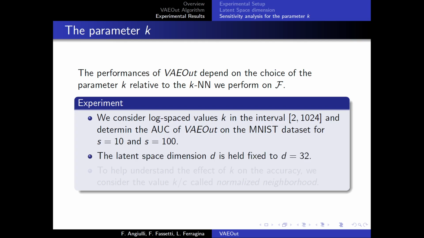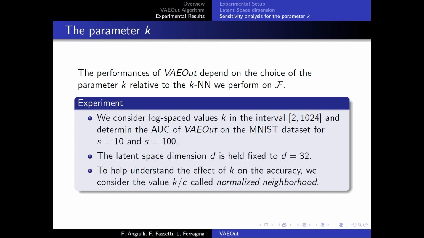We fix the latent space dimension to 32, and to better understand the effect of k, we consider the value k divided by c, that is called normalized neighborhood, that is, k normalized by the absolute contamination.